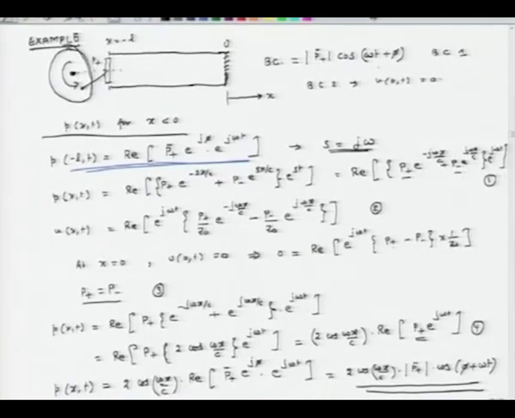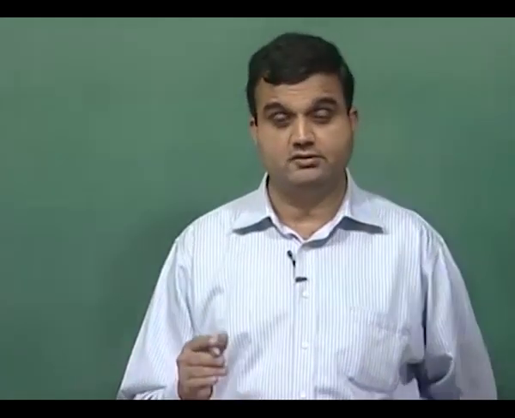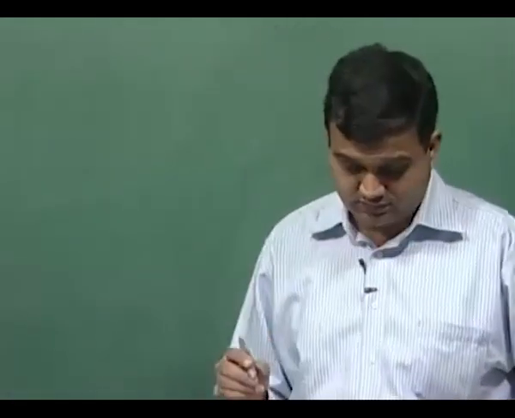So, I have now figured out the relation for pressure for all values of x in time, and I can also figure out the value of u for all values of x in time. So, let us summarize these two relations.